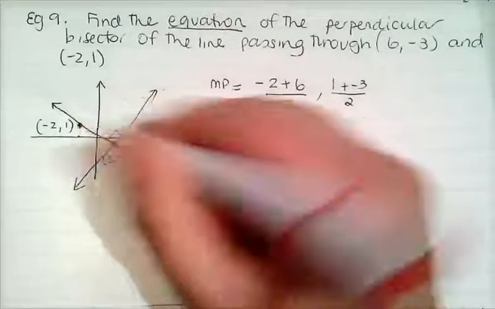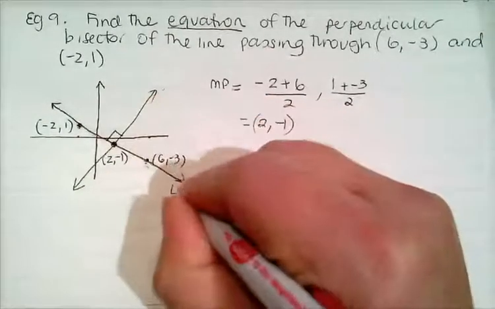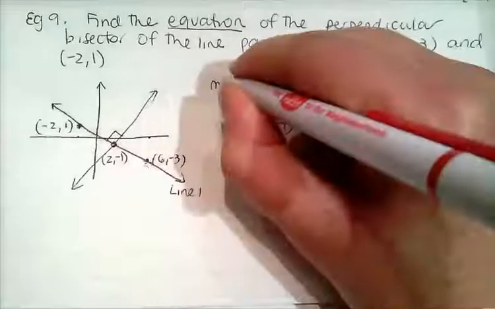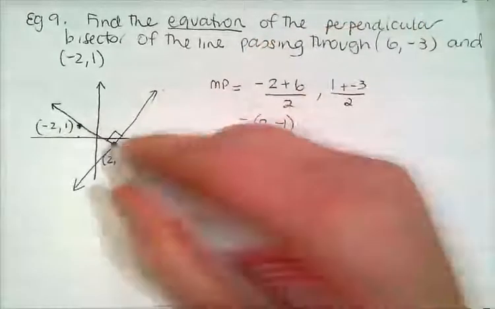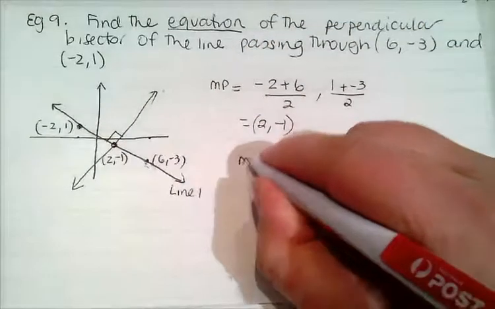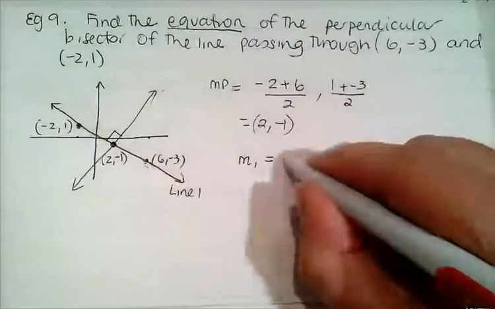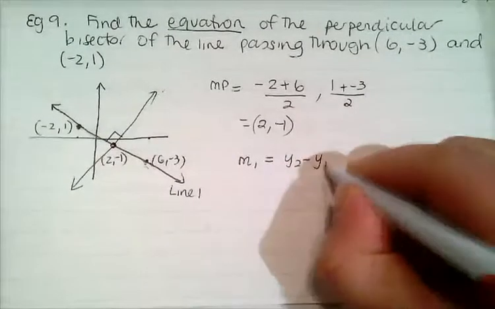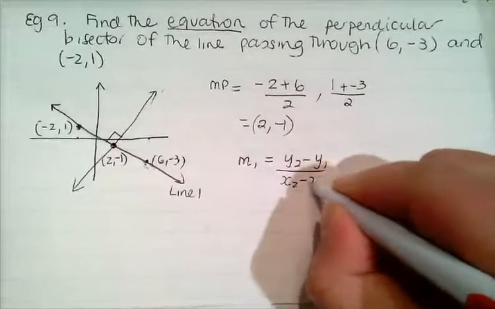Now, first we can find out the gradient of this line here. I'll just call this line 1. So this is the midpoint. Now I want the gradient of line 1, so I'll call it m1. Remember the gradient formula is y2 minus y1 over x2 minus x1.